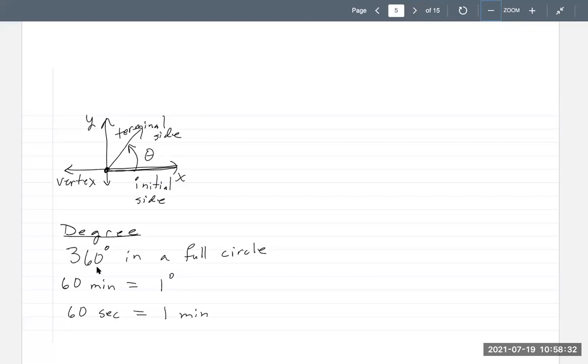It's the smallest number divisible by 2, 3, 4, 5, 6. Because of that, it makes a lot of the smaller fractions easy to deal with, and so base 60 just turns out to be easier.